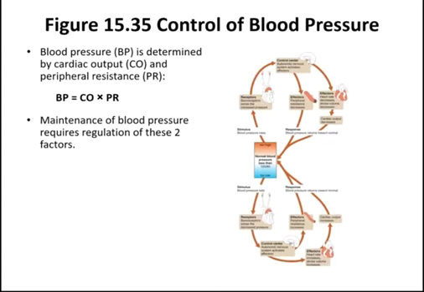commands through motor neurons to tell the blood vessels, the arterioles and arteries, to decrease resistance. We want the blood pressure to go down, so they're going to dilate and allow easier blood flow and decrease the PR, the peripheral resistance.